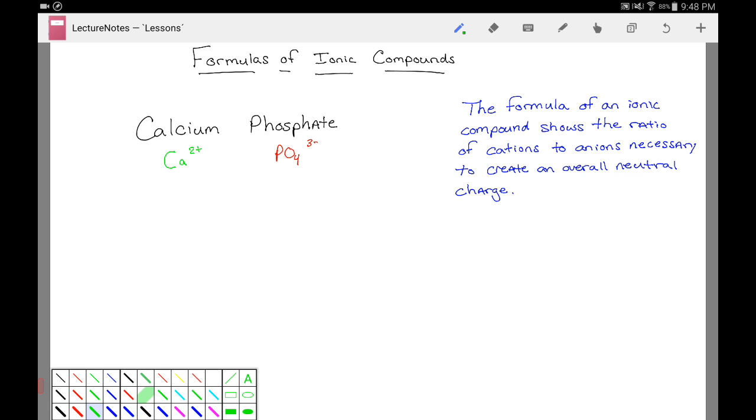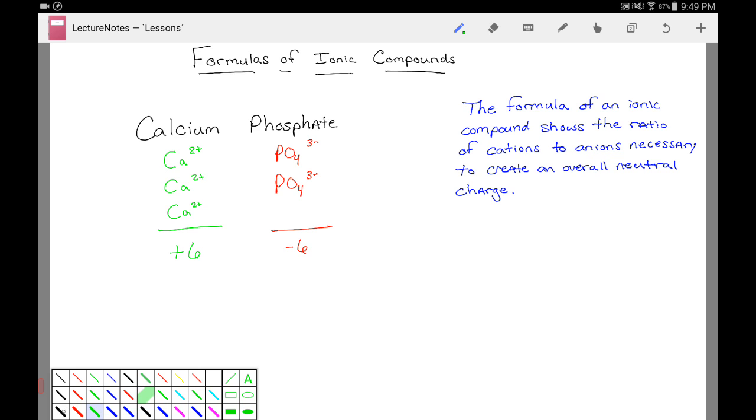So to get to that point, we're going to need 3 calcium ions, and we will need 2 phosphate ions. And at that point, we would have a total of a -6 charge and a total of a +6 charge. So they cancel each other out, and we have a neutral ionic compound.